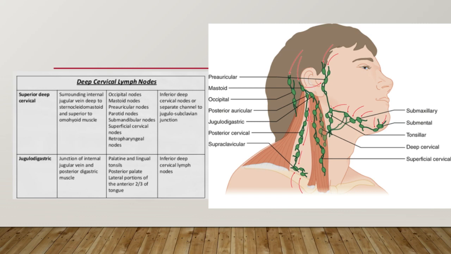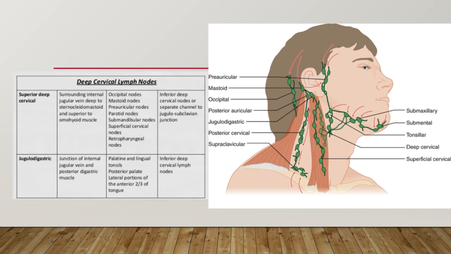They drain the occipital lymph nodes, the mastoid lymph nodes, the preauricular lymph nodes, the parotid group of lymph nodes, the submandibular, the superficial cervical, which is seen here, and the retropharyngeal lymph nodes. So now it's all coming into the picture.